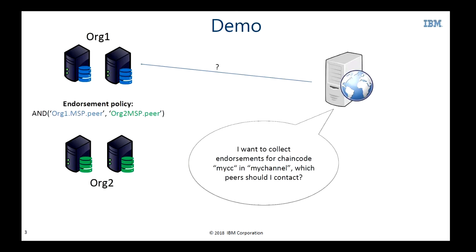And it's asking itself which peers it should contact in order to obtain endorsements such that the transaction... this is not a peer, this is a client application running on a server, and it needs to collect endorsements from peers such that when the transaction is going to be validated, it is not going to be invalidated because the endorsement policy did not match.